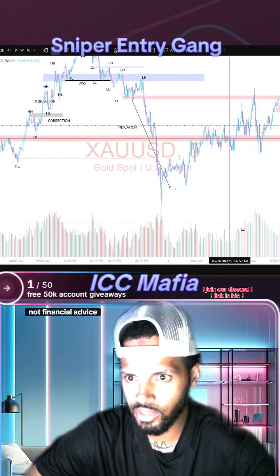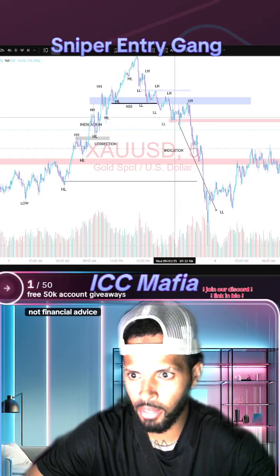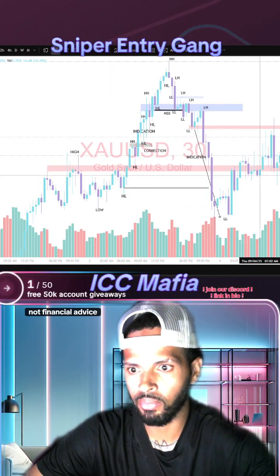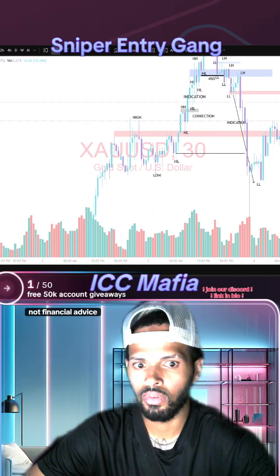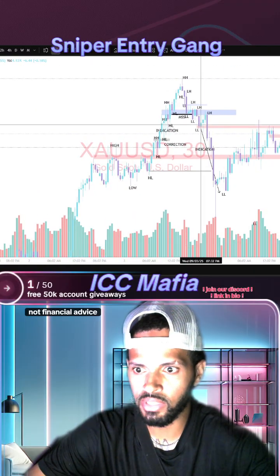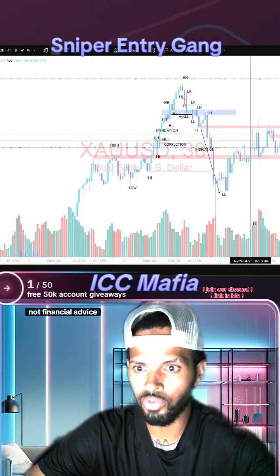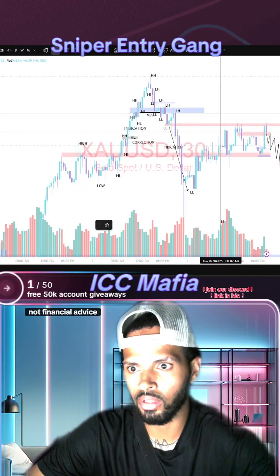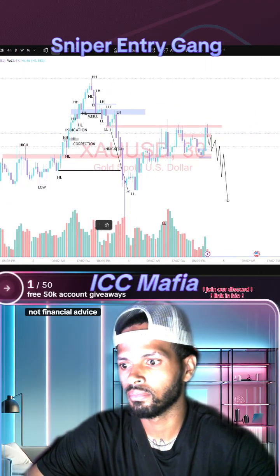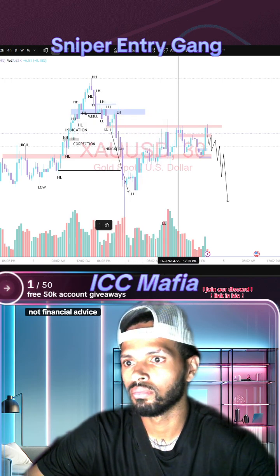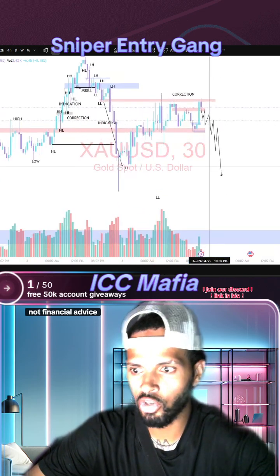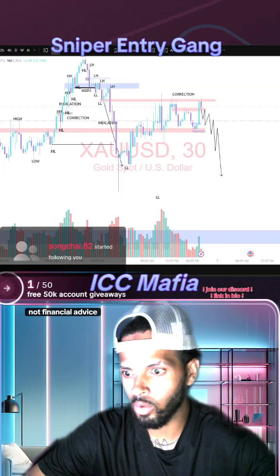The correction comes back to the level that it broke. This is the level that it broke if we look at a higher time frame. So this gave us a lower low, and now price is retracing for the correction. So this is the correction in the market. Once price flips bearish, we take the trade and target the lower low.